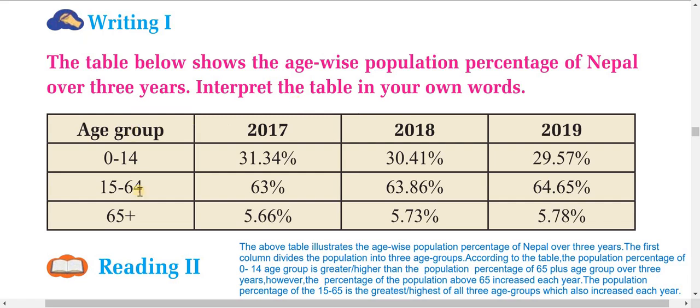The first column shows age group, and the second column shows the population percentage in 2017 in different age groups, and then the third column shows the population percentage of different age groups in 2018, and the last one shows the population percentage of different age groups in 2019.